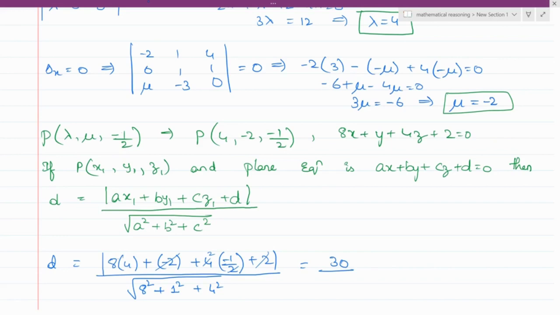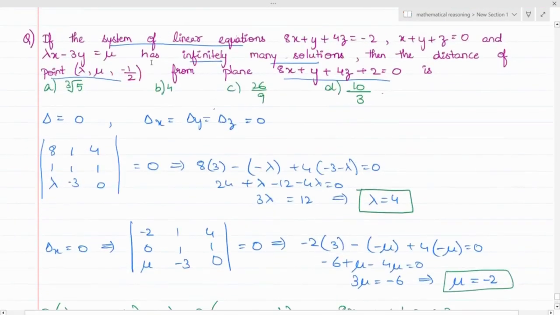So it becomes 81. So it becomes 30 by 9, which is nothing but 10 upon 3. So according to this, option D is the correct answer to this question.